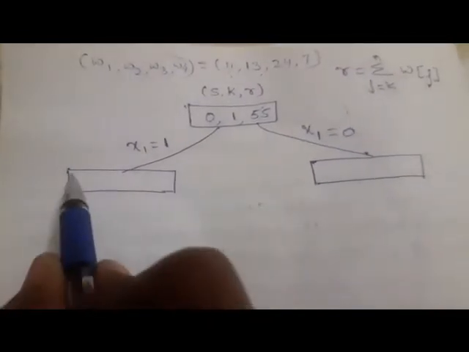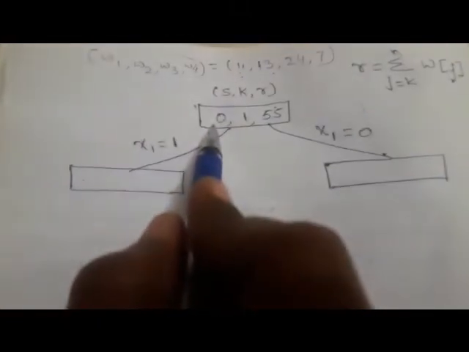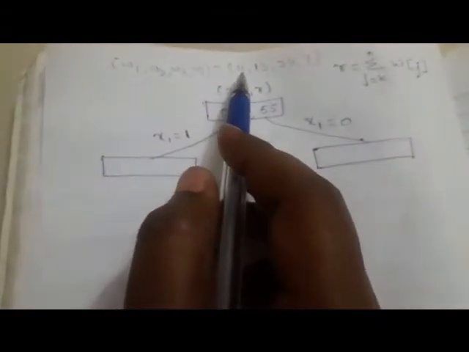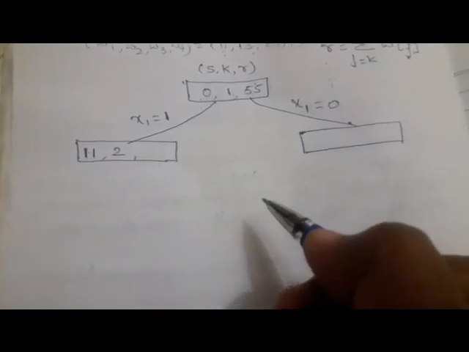Now the values for this rectangular node: 0 plus the weight of the first node, 11, so 0 plus 11 is 11. The value of k is incremented by 1, so it is 2.